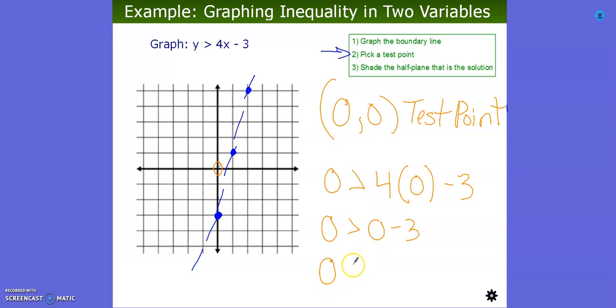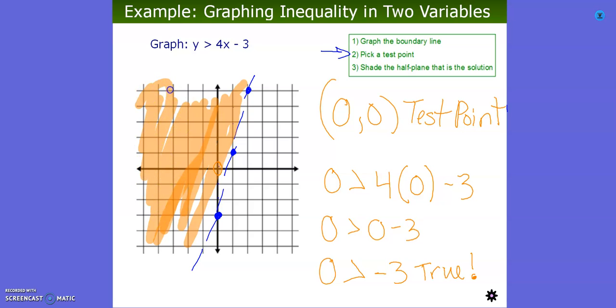So let's see, is 0 greater than -3? Yes, it is. That is a true statement. If it's a true statement, then I'm going to take my highlighter and shade that side of my inequality.